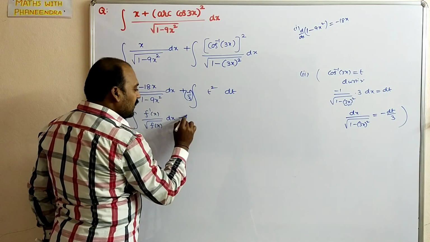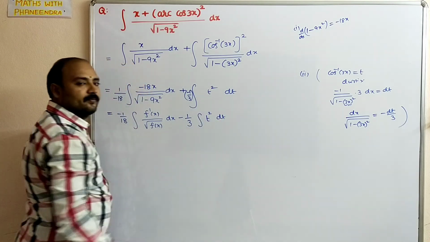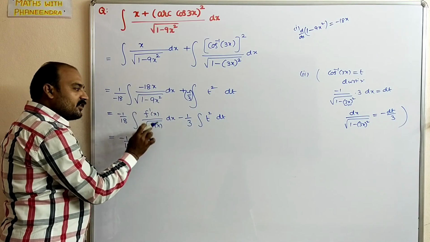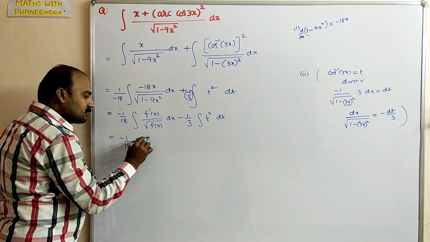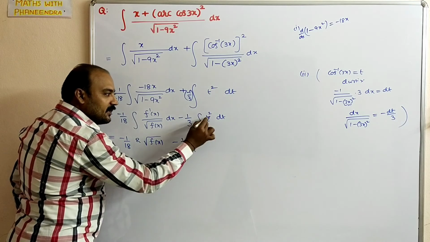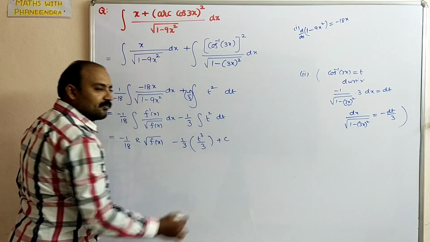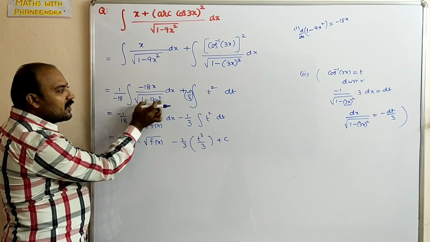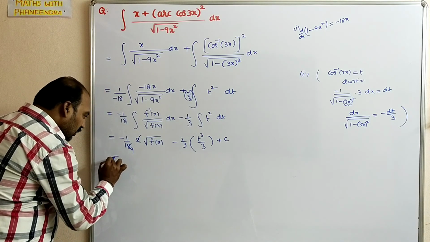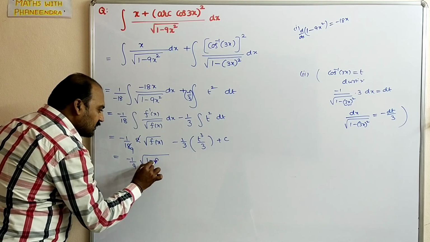Minus into plus is minus 1 by 3 integral t square into dt, which is equal to minus 1 by 18 integral f dash of x by root f of x is 2 root f of x, minus 1 by 3 into integral t square dt, t power 3 divided by 3 plus c. What is f of x here? F of x is 1 minus 9x squared. So 2 ones are 2, nines are minus 1 by 9 square root of f of x value 1 minus 9x squared.